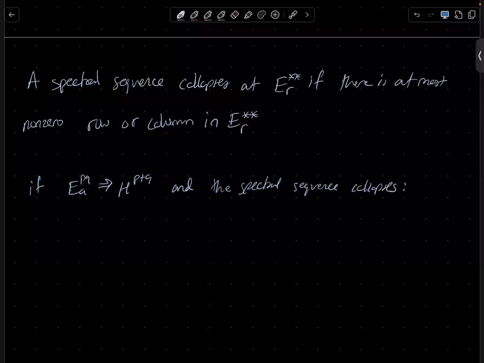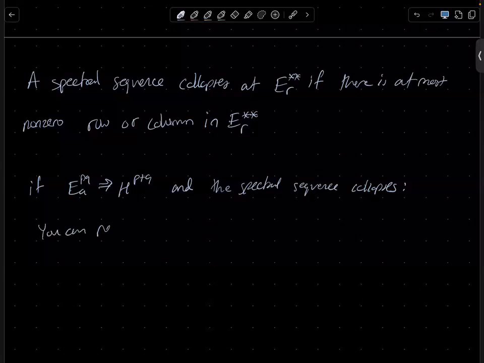And the reason is, in each diagonal there will only ever be at most one non-zero node, which means the filtration that you get will have at most one non-zero thing in it, which is to say the H^N. And so that E infinity term is going to be isomorphic to H^N, which is all to say that you can just read off the cohomology directly from that collapsed page.